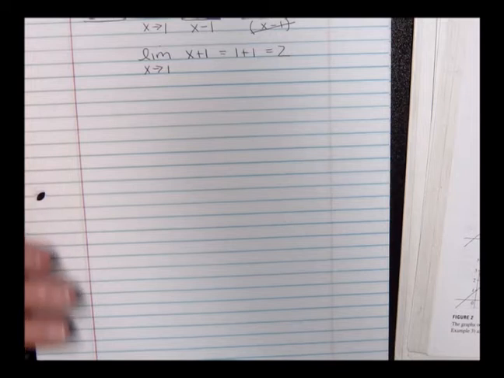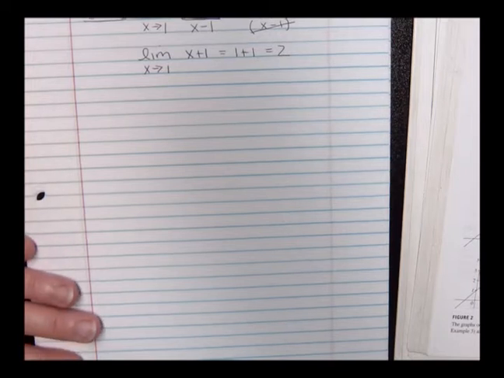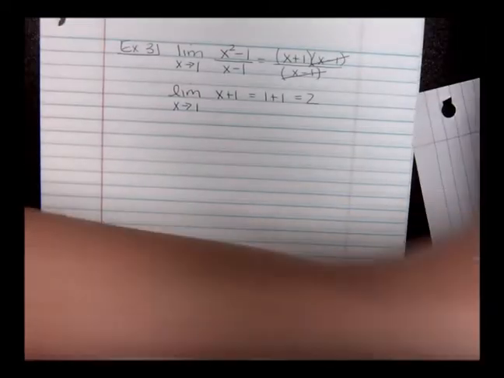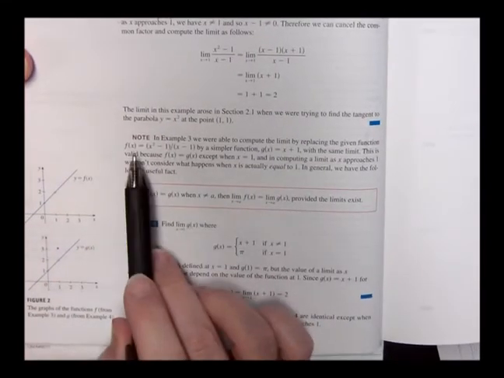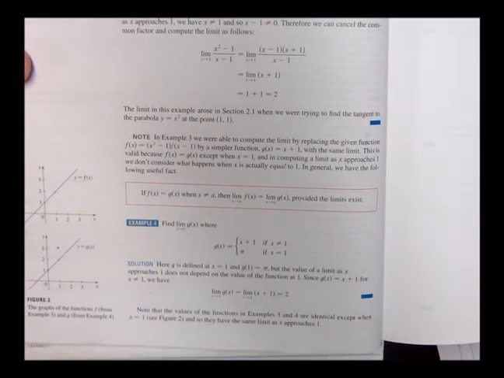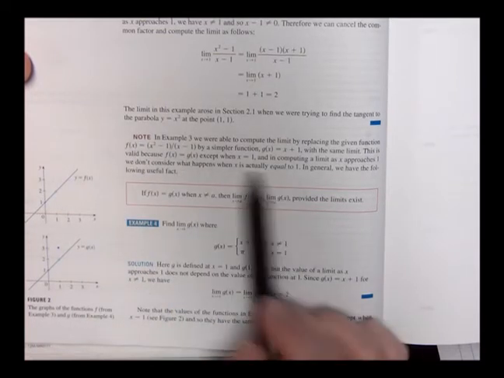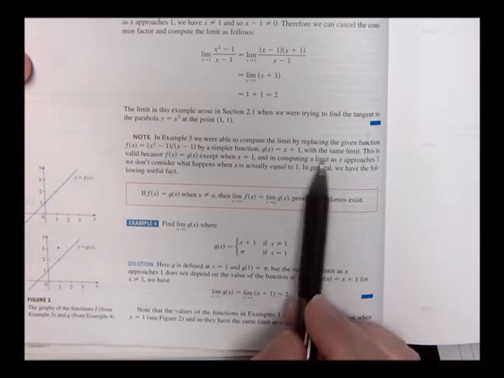Okay, let's take a look at the next property they have here before we go on. Now let's see what they have to say in this note. All right, note, in example 3, we were able to compute the limit by replacing the given function by a simpler function, that's what we did, with the same limit.